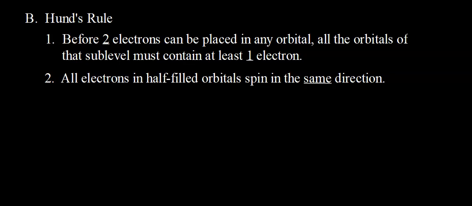So that's why it showed in that full orbital notation that we have one arrow pointing up, one arrow pointing down to indicate that the electrons in that orbital are spinning in opposite directions. All right, let's take a look at some examples. Now, you don't really need to draw an orbital diagram from an electron configuration, but I'm going to show you the relationship. So we'll start off pretty simple.